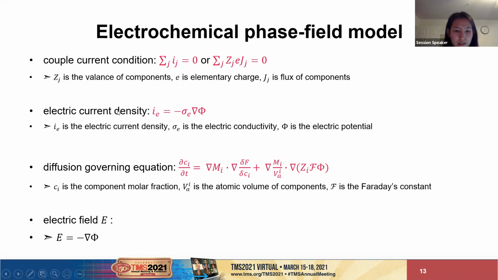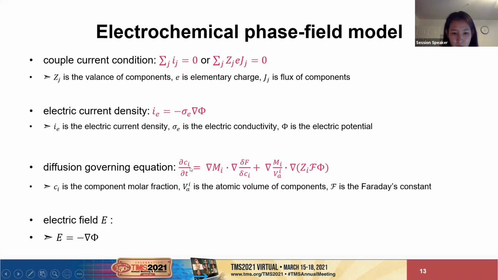And we use the relationship between the electric current density and phi, the electric potential, where sigma E is the electric conductivity in different oxides. Combining these two equations, we get a modified Cahn-Hilliard equation.